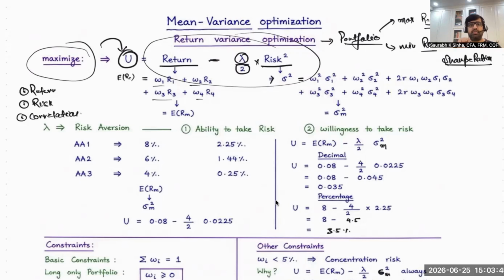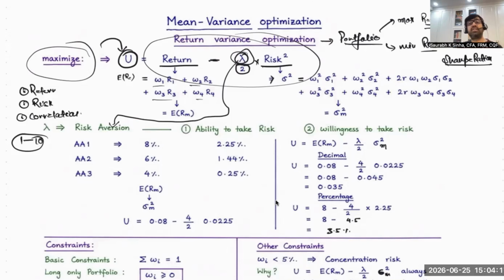This will give you a return. This will give you a risk. What is lambda? Lambda is a risk aversion parameter. The scale of the lambda varies between 1 to 10. Okay. So if the risk aversion is 1, it means the person for whom you're trying to find the optimized portfolio is least risk averse.